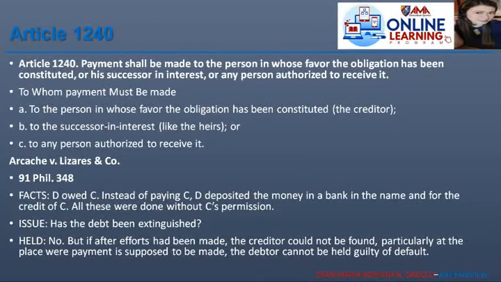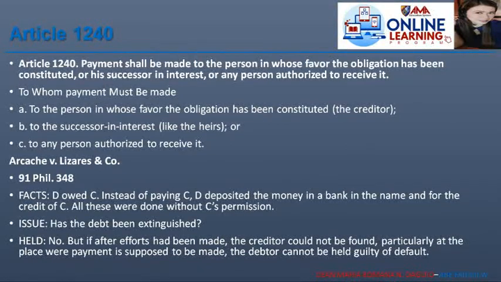So to whom payment must be made? Again, A, to the person in whose favor the obligation has been constituted, or the creditor. B, to the successor in interest, like the heirs, or any person authorized to receive it. So you can read this case, class, Arcaba versus Lizares and Company.